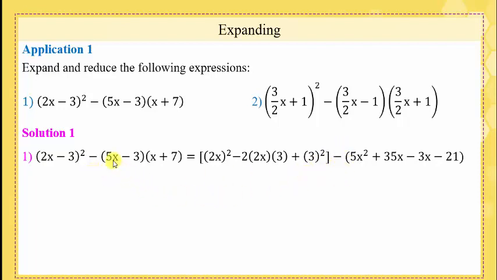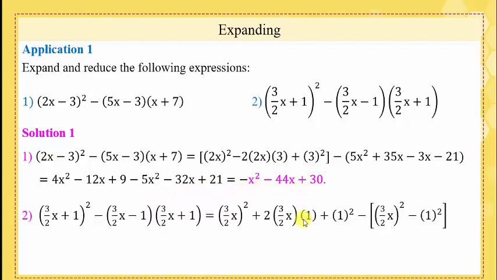And then we multiply 5x by x to give 5x squared, 5x times plus 7 to give plus 35x, and then minus 3 times x is minus 3x, minus 3 times plus 7 gives minus 21. Equal 4x squared minus 12x plus 9, the answer of the first bracket, and then we multiply all inside the parentheses by minus, and then we reduce them to get minus x squared minus 44x plus 30.